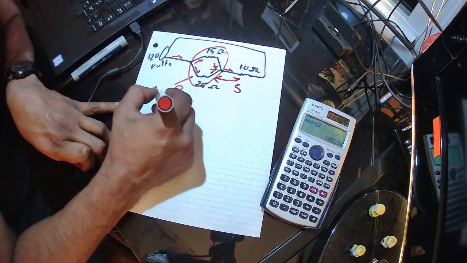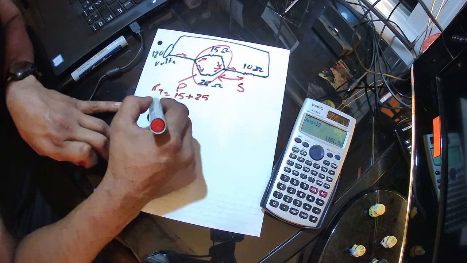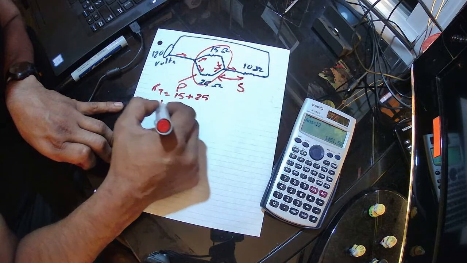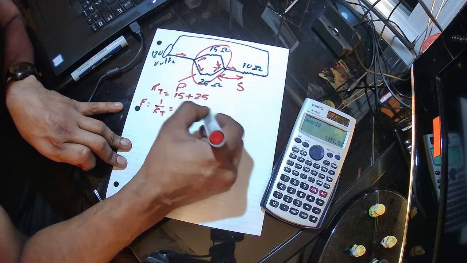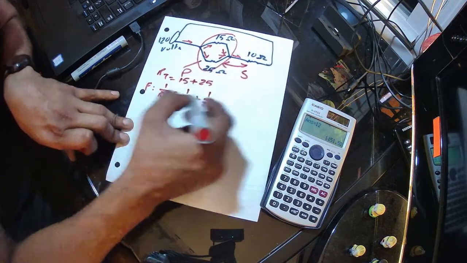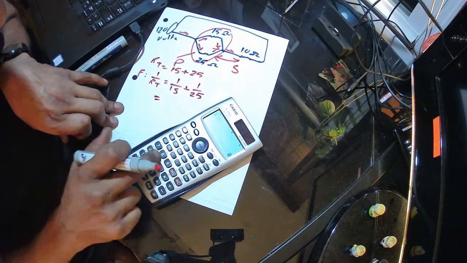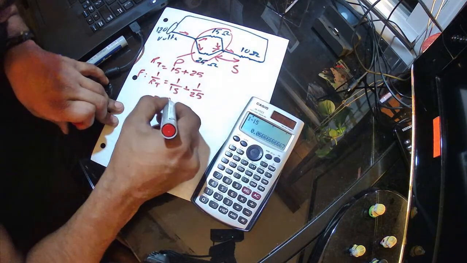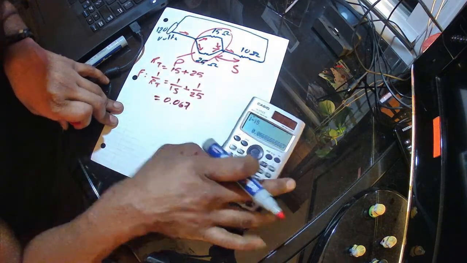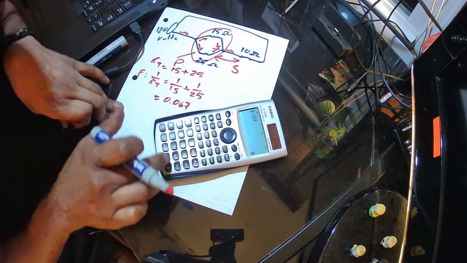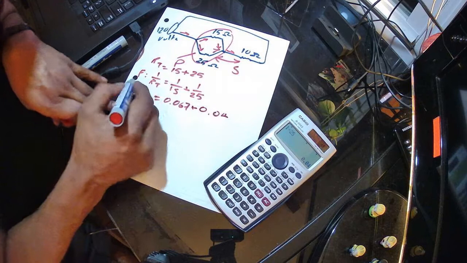So let's do the parallel ones. So I'll go with RT equals 15 plus 25, flip: 1 over RT equals 1 over 15 plus 1 over 25, which equals 0.067, and 1 over 25 is 0.04.